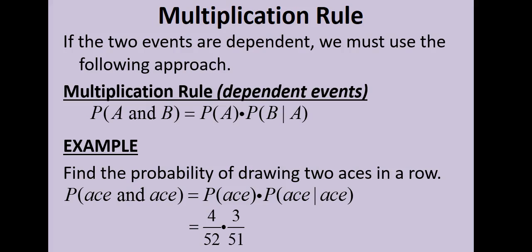The second ace, as we said, if we already drew one out, would have a probability of 3 out of 51. So we would multiply those two together, and we're going to get 12 over 2652. Now, that, of course, simplifies to be 1 over 221. But again, multiplying fractions, 4 times 3 and 52 times 51, and then we simplify. And that is the multiplication rule.